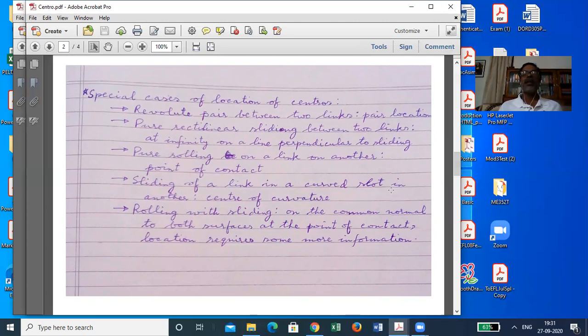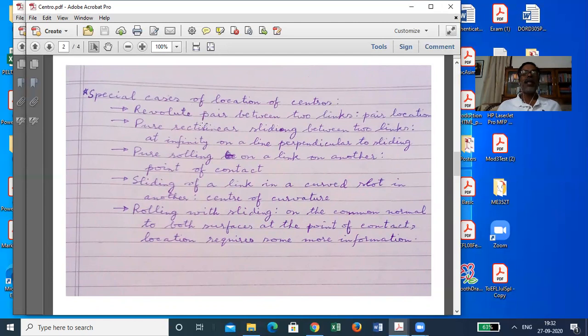If between links i and j there is a revolute pair connecting these two links, then obviously the location of that revolute pair itself will be the centro between those two links, because any relative motion between these two links will be a pure rotation about that point. That was the whole idea of the revolute pair between them, right?